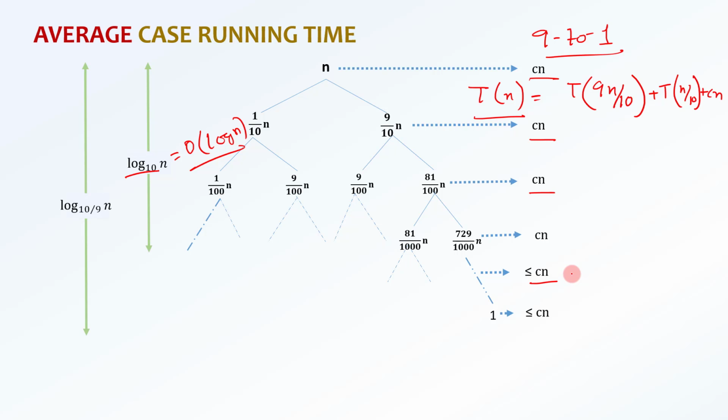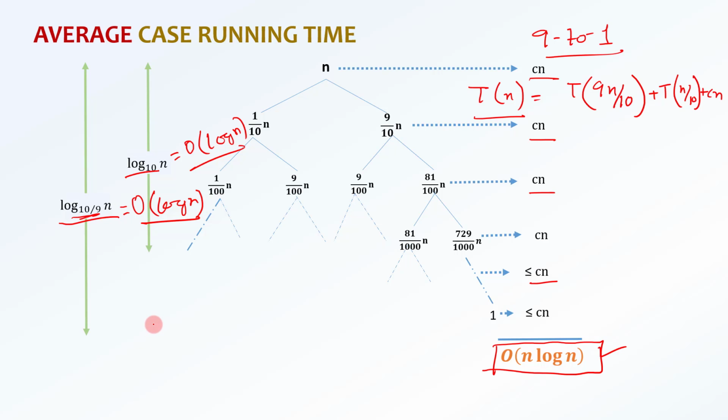The recursion terminates at the depth log n base 10/9, which is also asymptotically the same as log n. Thus, with a 9 to 1 proportional split at every level of recursion, which intuitively seems quite unbalanced, here also quicksort runs in order of n log n time, the same as if the split were right down the middle.